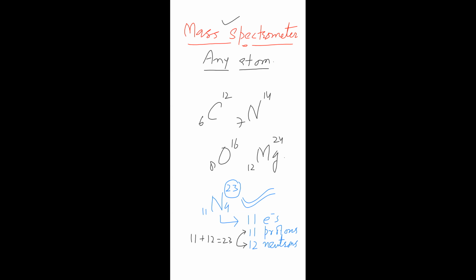But in the case of carbon, can you tell me how many electrons, protons and neutrons there are? It has 6 electrons, 6 protons, and 6 neutrons, the same number of neutrons.